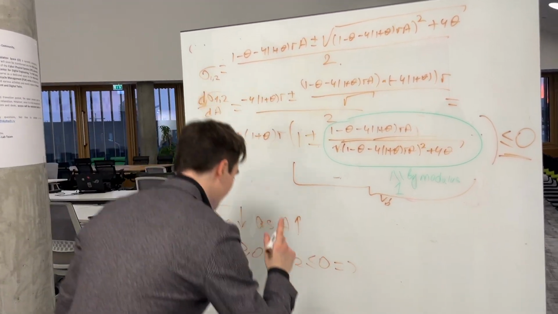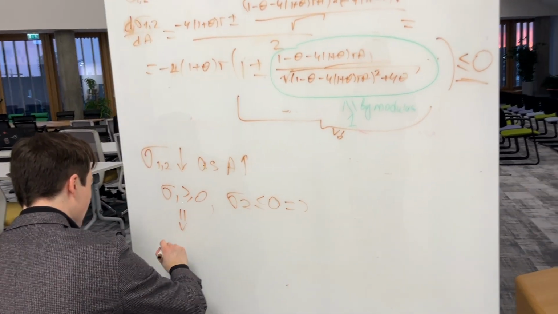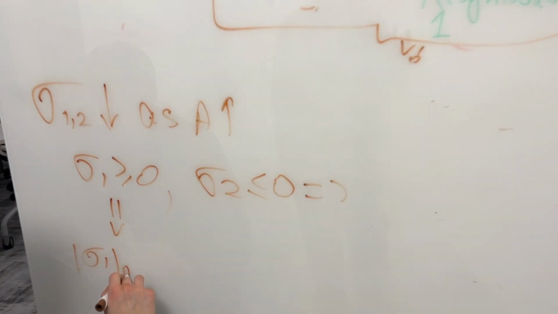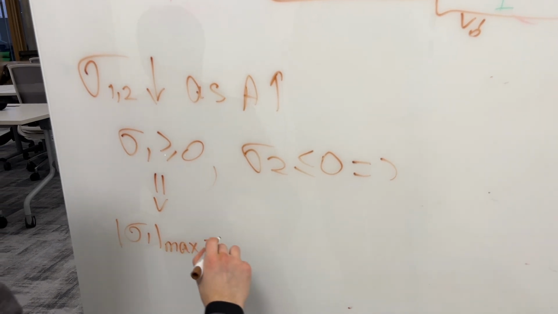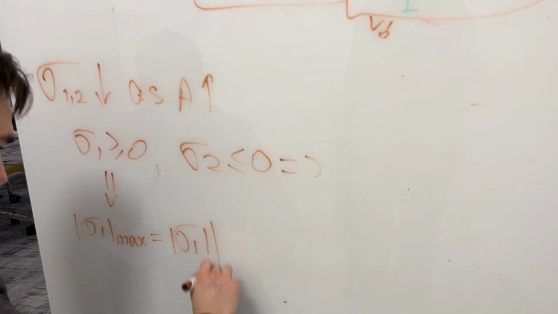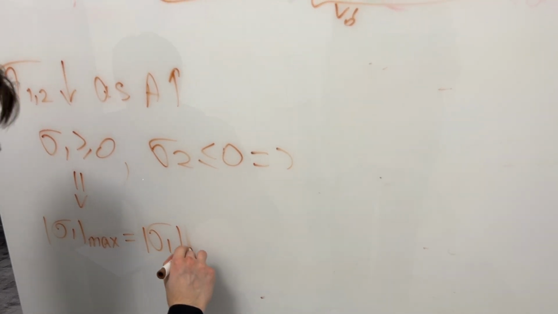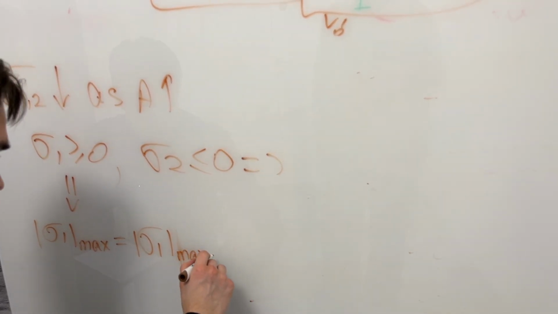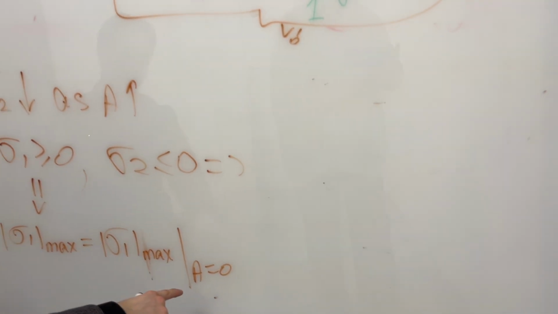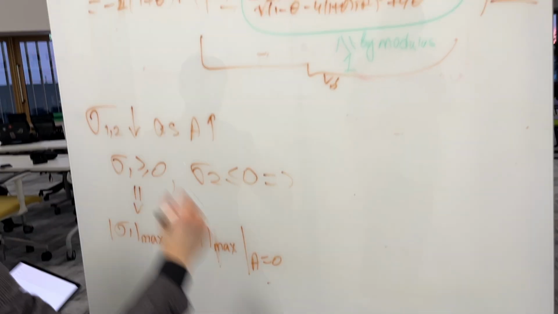And from here we get that sigma 1 max will be sigma 1, maybe max, because there are other parameters, at A equal to 0. And when A is equal to 0, it's very easy to calculate.